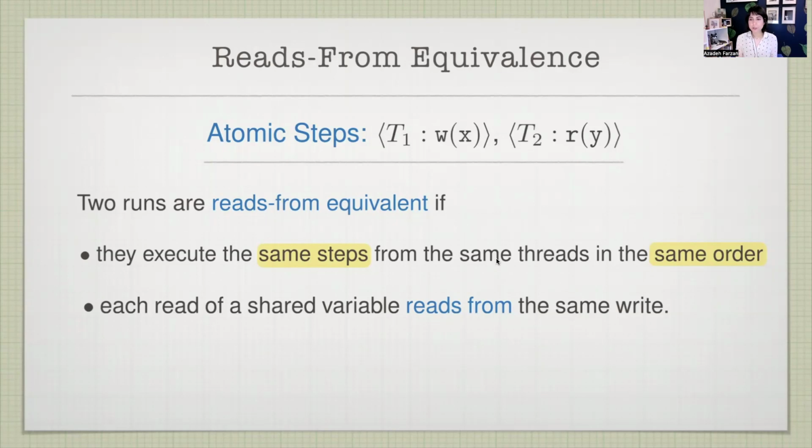So the combination of these two guarantees that everything that I will call reads-from equivalent is going to be a behavior of the same program producing the same outcome, exactly what I called soundness earlier in this talk.